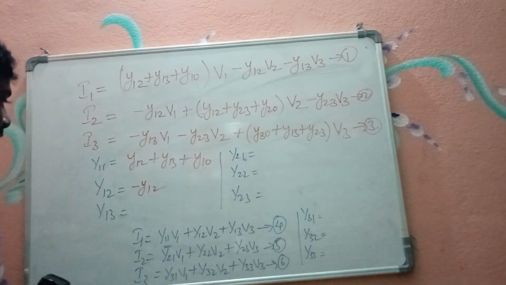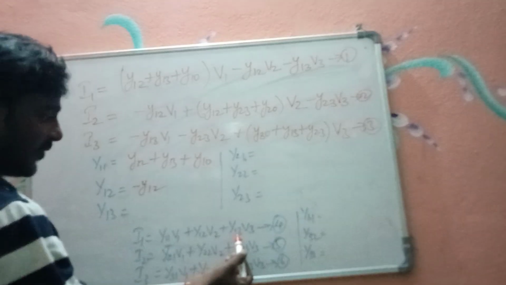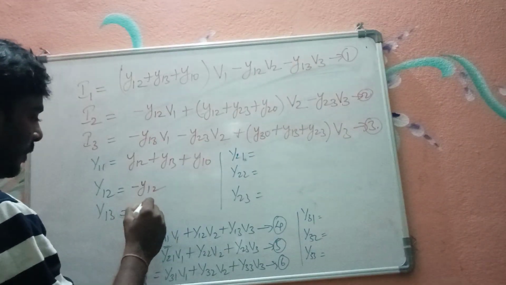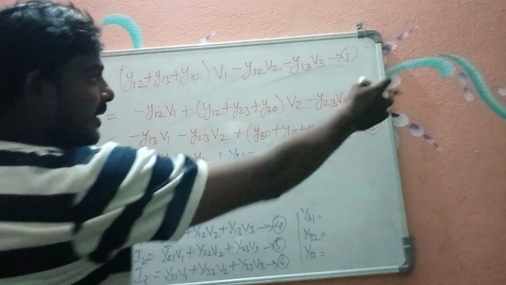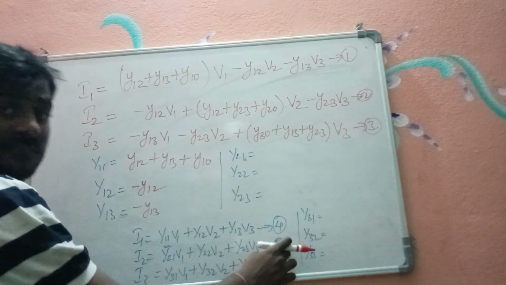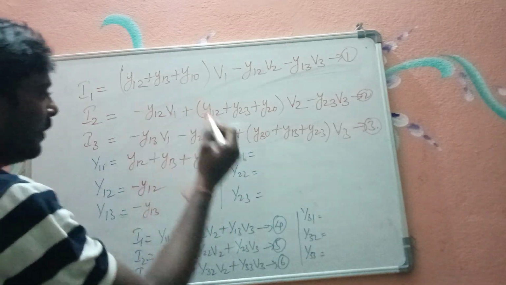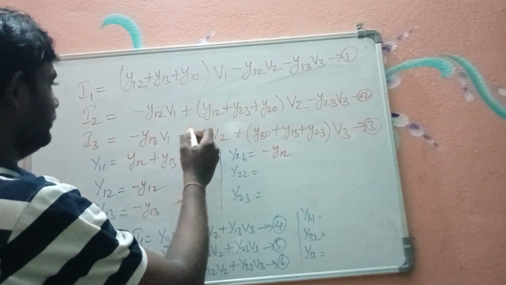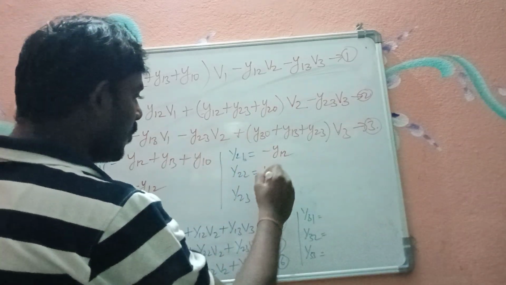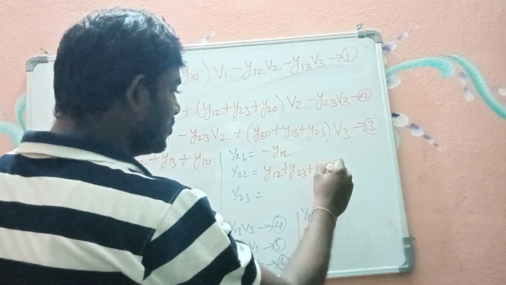Now if you observe, from the fourth and first equations, in place of capital Y13 we have minus Y13. Similarly, by comparing the second equation with the fifth equation, in place of Y21 we have minus Y12. In place of Y22 we have Y12 plus Y23 plus Y20.